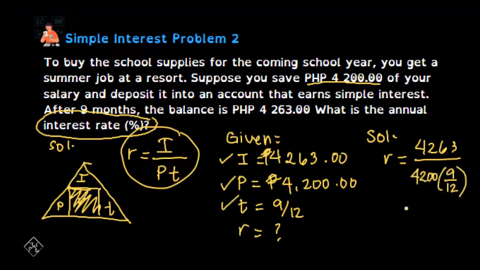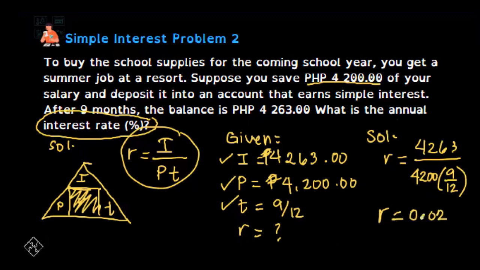Okay, so when we type it into our calculator, 4,263 over 4,200 times 9 over 12, the rate would be what? Okay, the rate would be 0.02. At kailangan natin siya convert sa percent form naman.